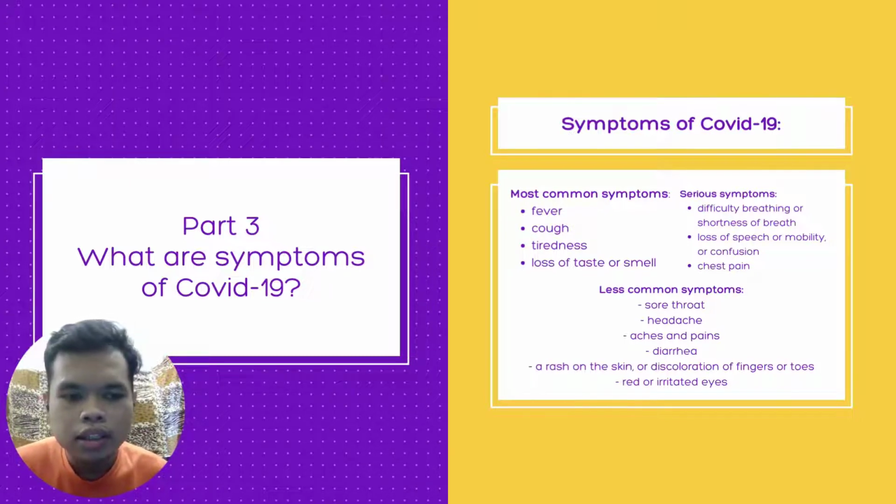The serious symptoms are difficulty in breathing or shortness of breath, loss of speech, mobility or confusion, and chest pain. If you get the serious symptoms, I suggest that you go for a checkup to find out whether you have the virus or not.